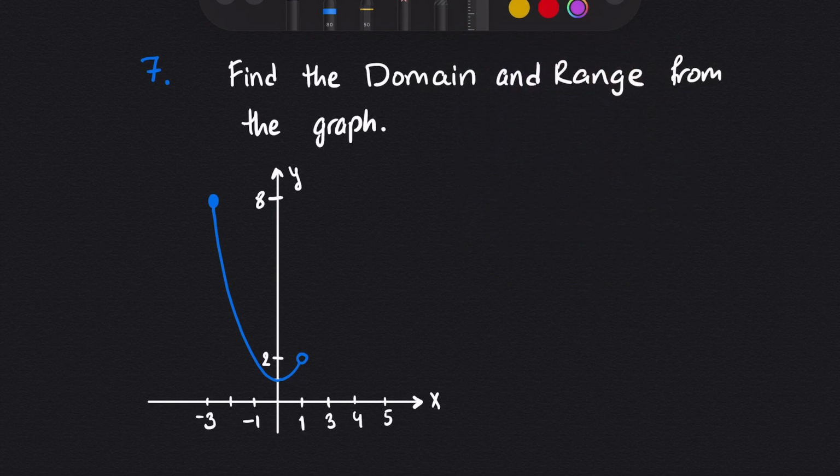Okay, so the y values of our function start from here all the way to 8. How about x values, our domain? Domain starts from here and ends here. Our function starts from here and ends here.